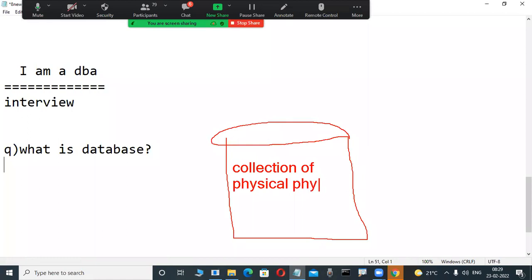In Oracle, these physical files are the .dbf data files, the .ctl control files, and the .log redo log files. That is how they get selected in an interview. It is most powerful: the answer differs based on the type of designation and the type of experience.